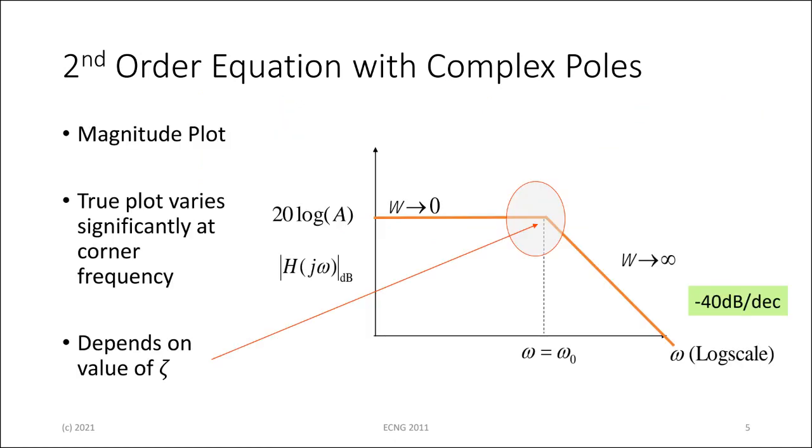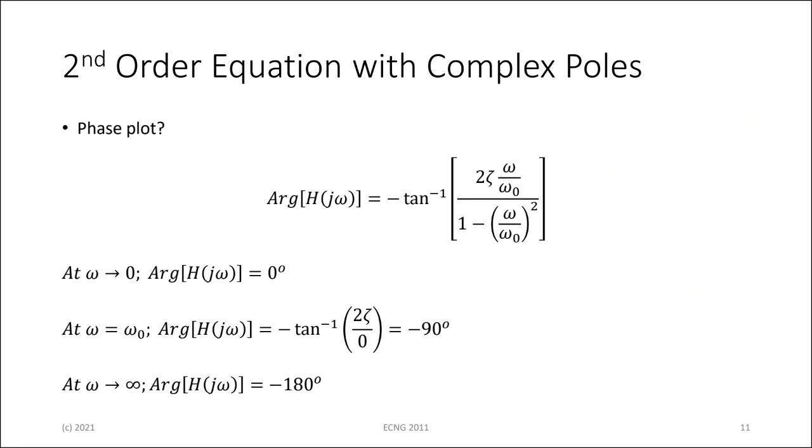Just like we did before when we were talking about the simple poles, the argument of that bit now depends on the relationship of omega and omega 0. As omega approaches 0, this is 0. As omega gets very large, this now goes to minus 180.